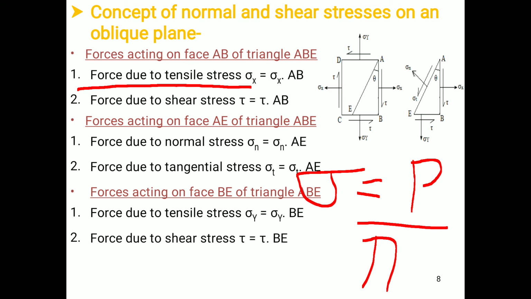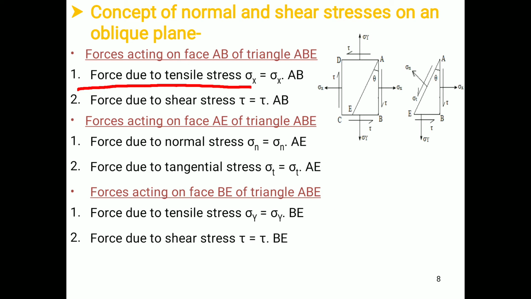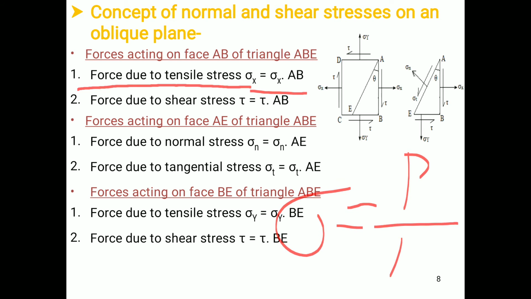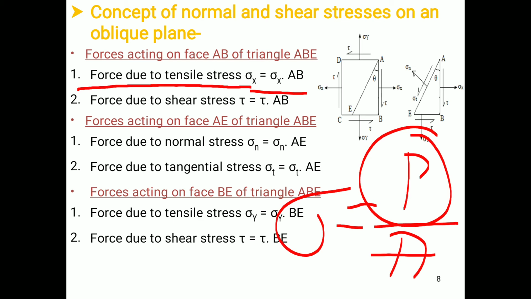So the first one, as discussed earlier, force due to the tensile stress sigma x is equal to sigma x into AB, because sigma is equal to force upon area. Therefore force is equal to sigma into area. Now why have we considered only AB? Because the thickness of AB is unit 1 and it is perpendicular to the plane of the paper.